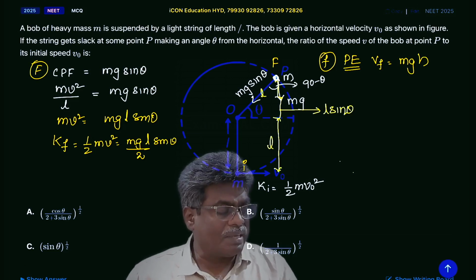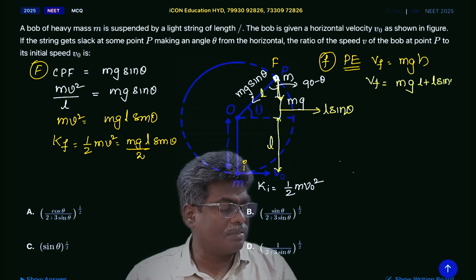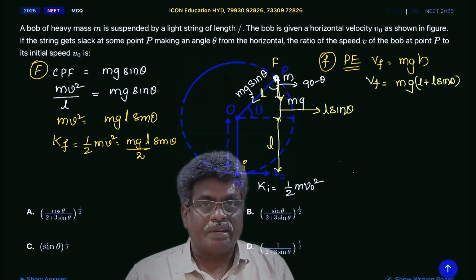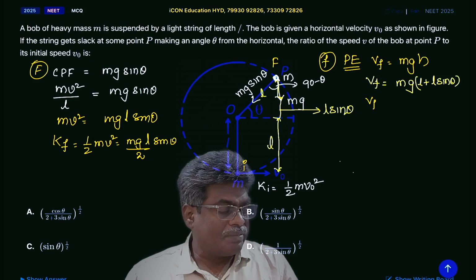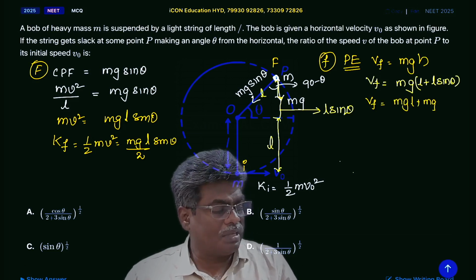So the total height is L plus L sin theta. Clear? So finally we can write potential energy final equal to mgL plus mgL sin theta.